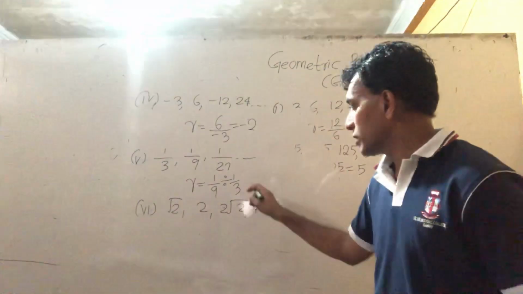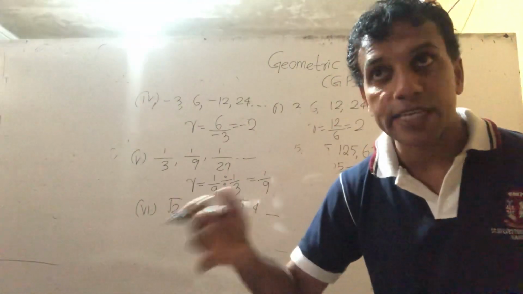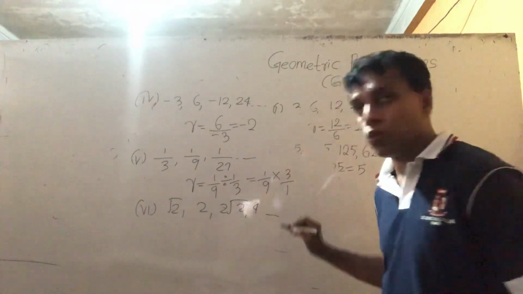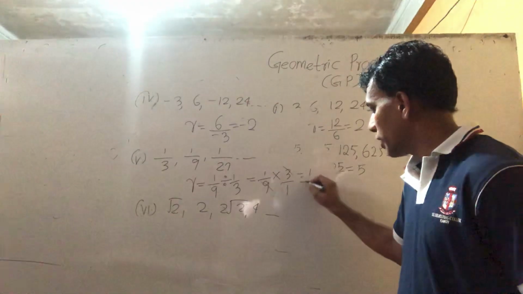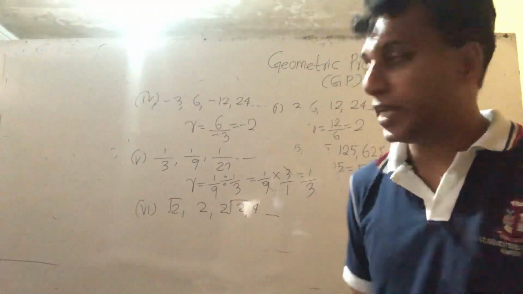Division, make it multiplication, and 3 up, 1 down, reciprocal. So we get 1 over 3, no? The common ratio here is 1 over 3.